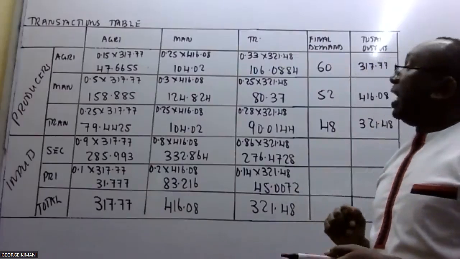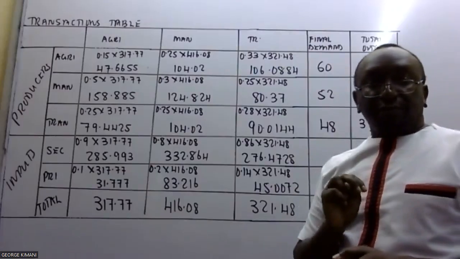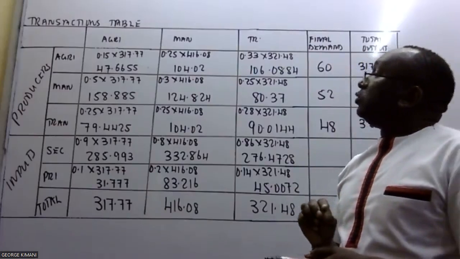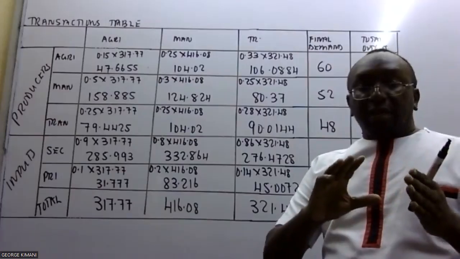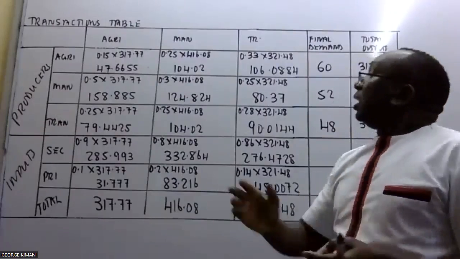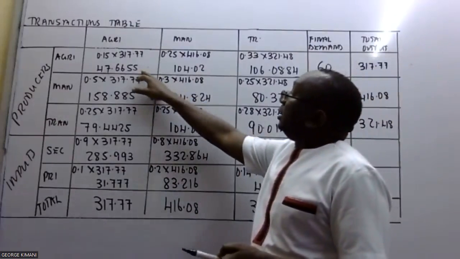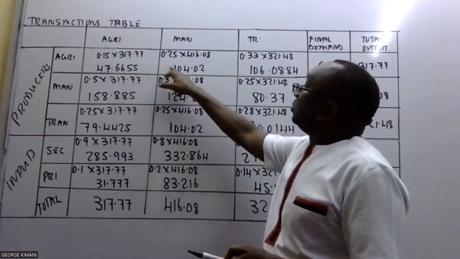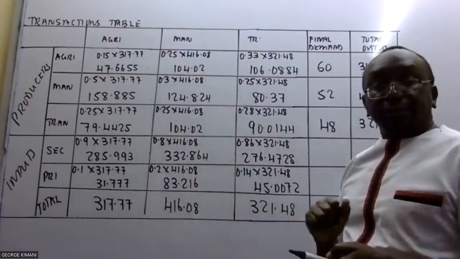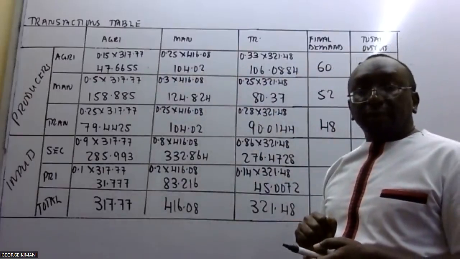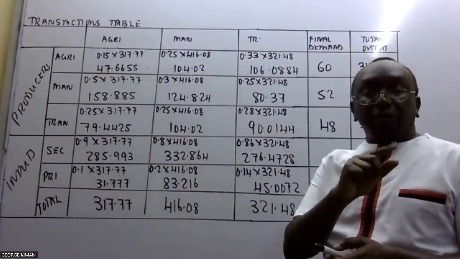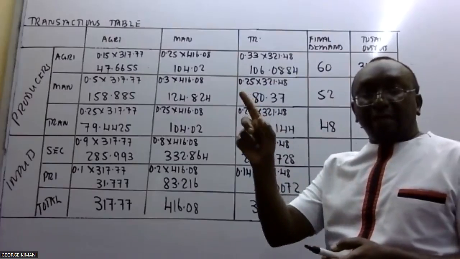Then I told you there are two versions. The first version is where you are given everything in total, I mean this 47, this 104, this 106, and this 60. The second version is where you are given it in terms of ratios, like what the examiner had given us.